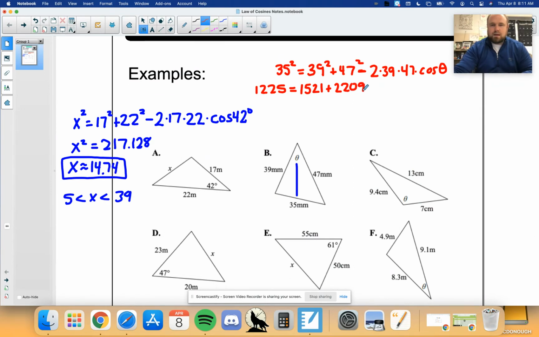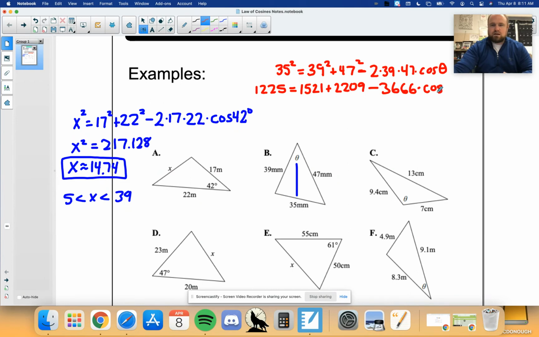Okay, minus, so I notice that there's a minus. And then I'm going to multiply these three numbers together. So I'm going to take 2 times 39 times 47, and that gives me 3,666. And then that gets multiplied by the cosine of theta.